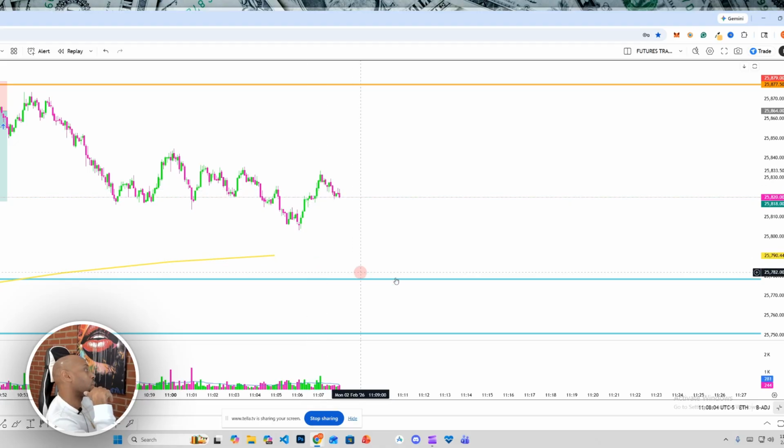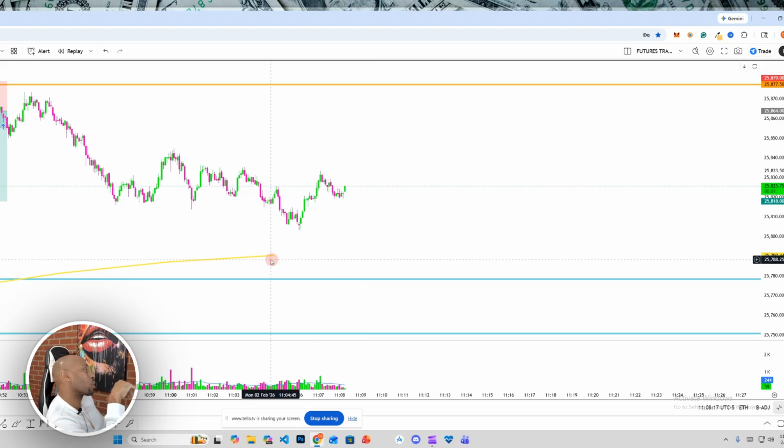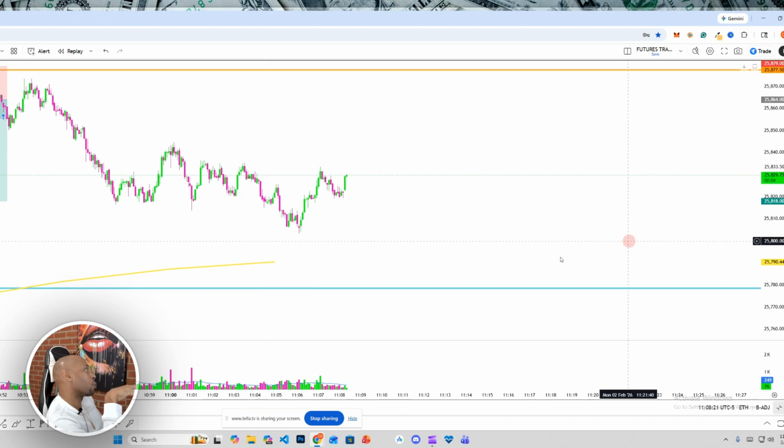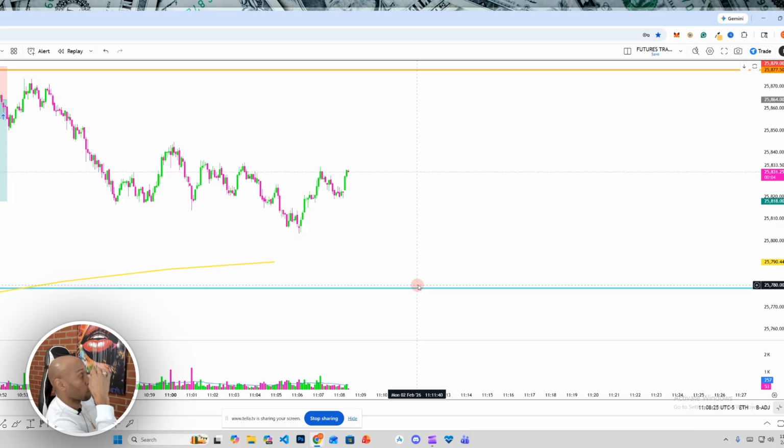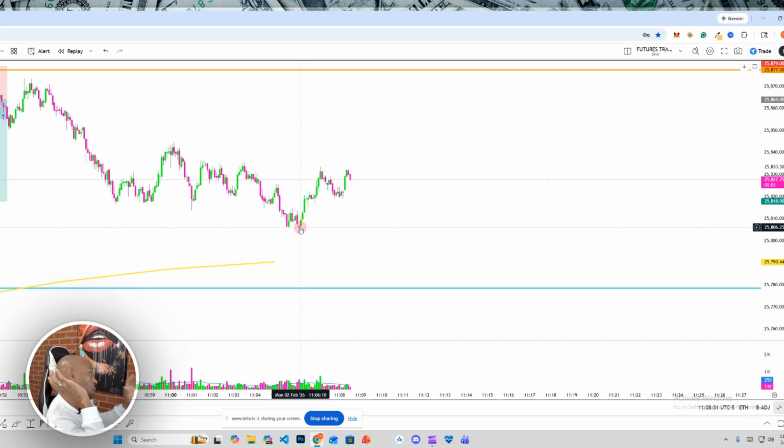If not there, then this first blue support line, this line below it, and then I'll take a buy to the upside if price is giving me an indication at that level of these two areas of interest. Like I said, this yellow EMA or this blue line right here. So I'm just gonna be patient and see what happens. Now, it might reject before it even gets there, and then I just won't take it because that's not in alignment with my strategy.